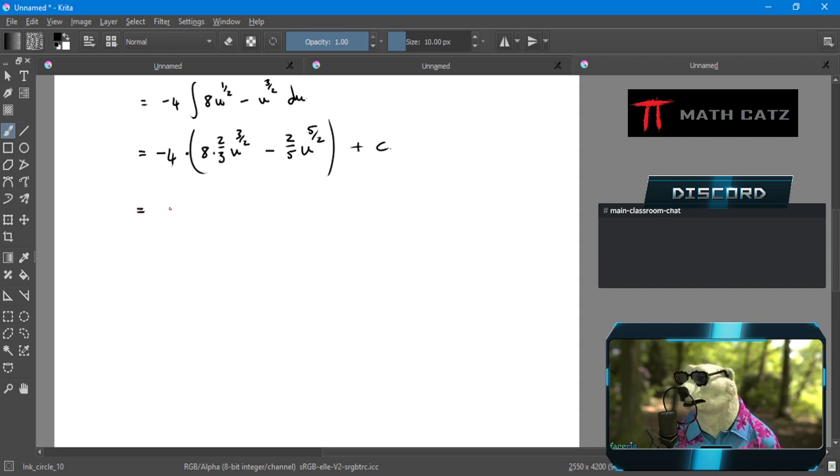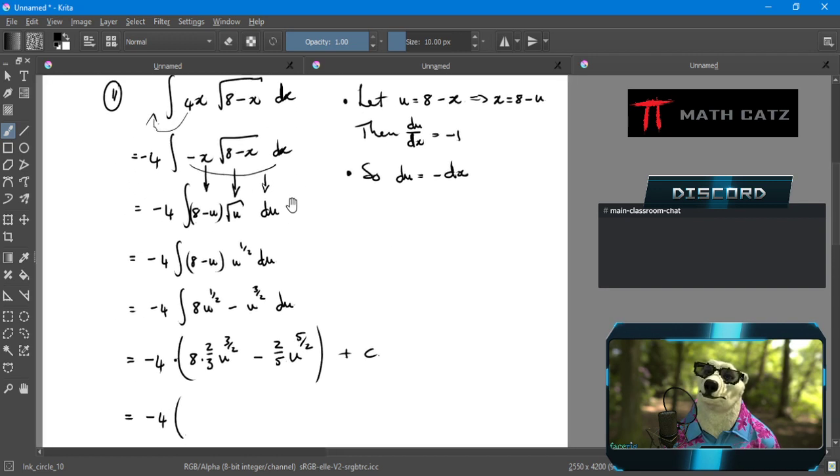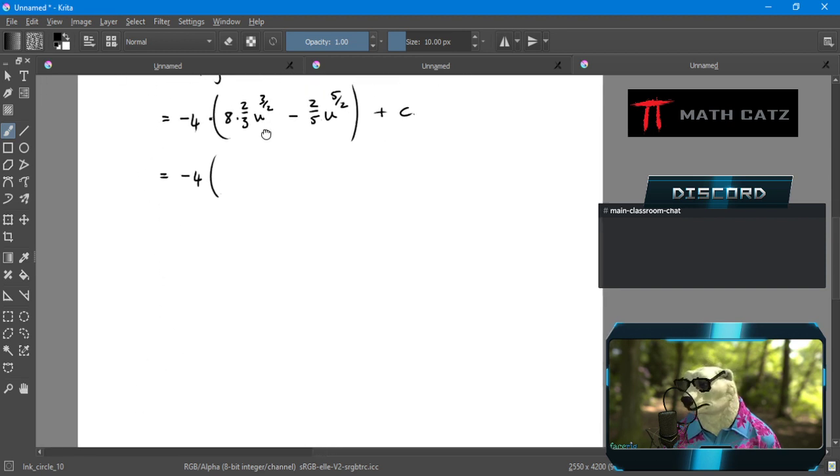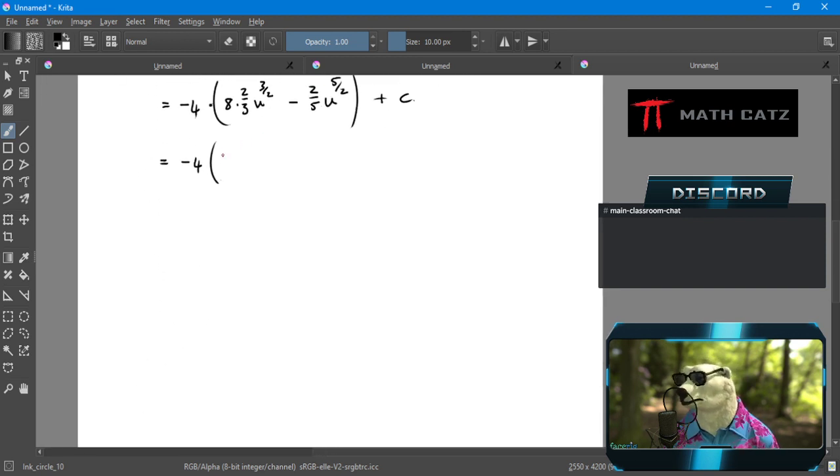Now when I'm ready, I don't simplify this in any way. I simply go back and remember, what is u again? U is 8 minus x. So I put that in. Everything I copy, because if I try and simplify and substitute back at the same time, something sometimes gets lost.